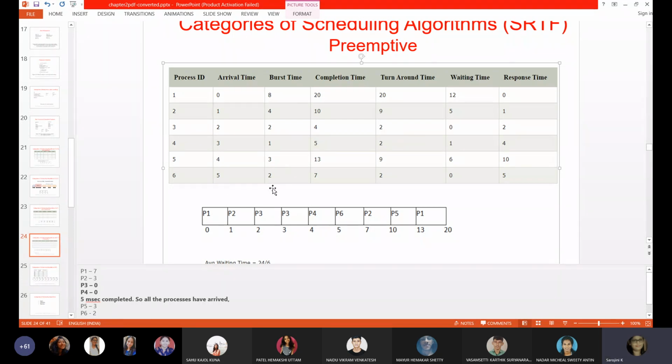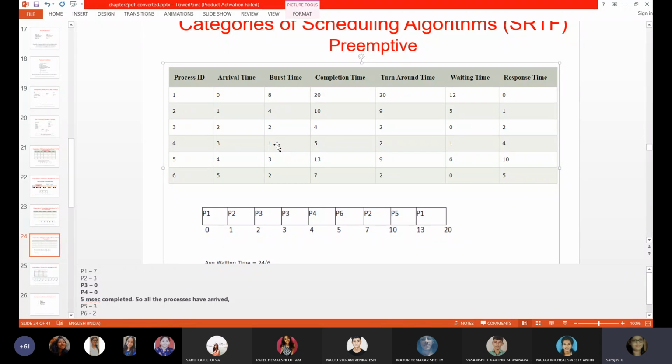Why not this one? Because it enters only in the 5th millisecond, and we are talking only about the 4th millisecond. In this, which process will be selected by applying this algorithm? Which process? Any one of you? Now which process will be selected? P4. Good, P4, because among all the processes, P4 has the shortest burst time.